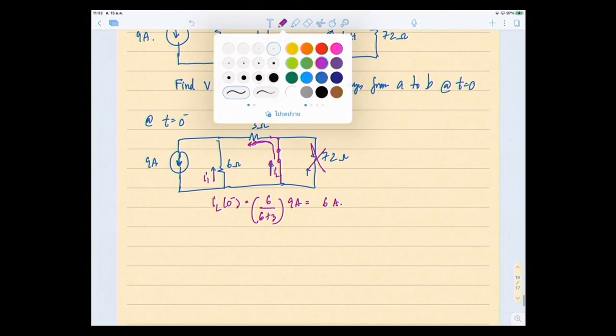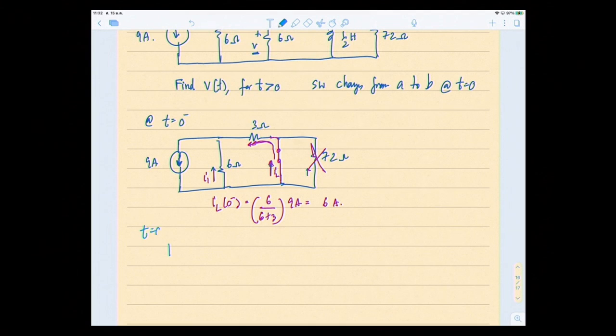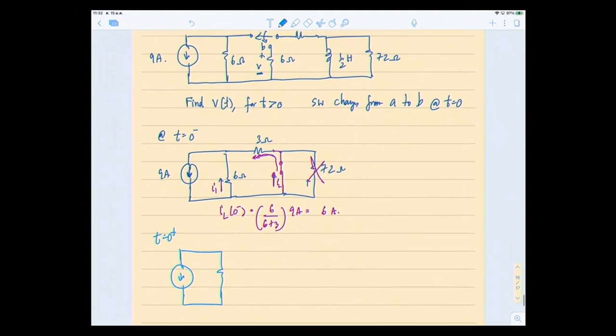Then at t equal to 0 plus, hold on, the switch changed place, right? Let me look at the picture again.